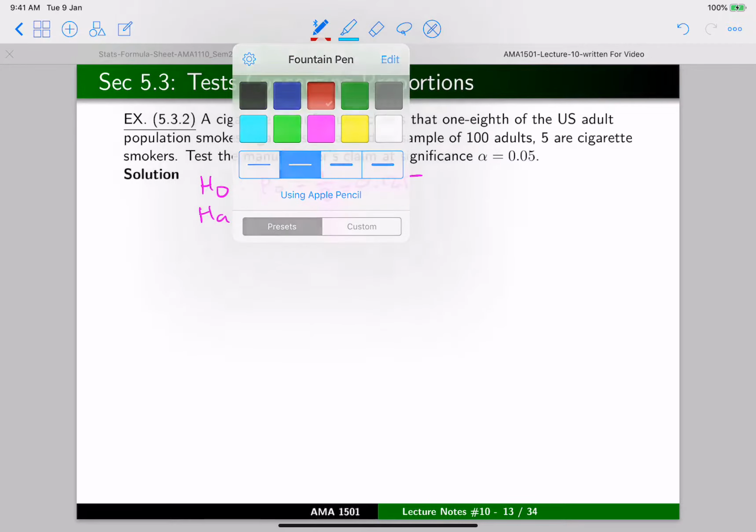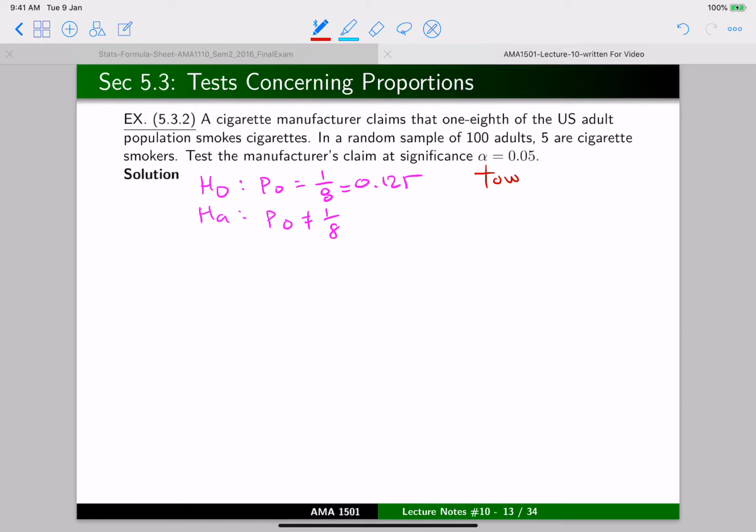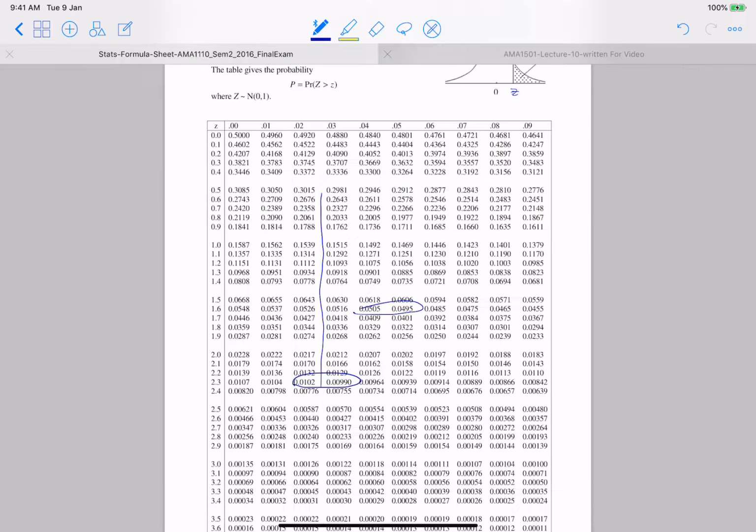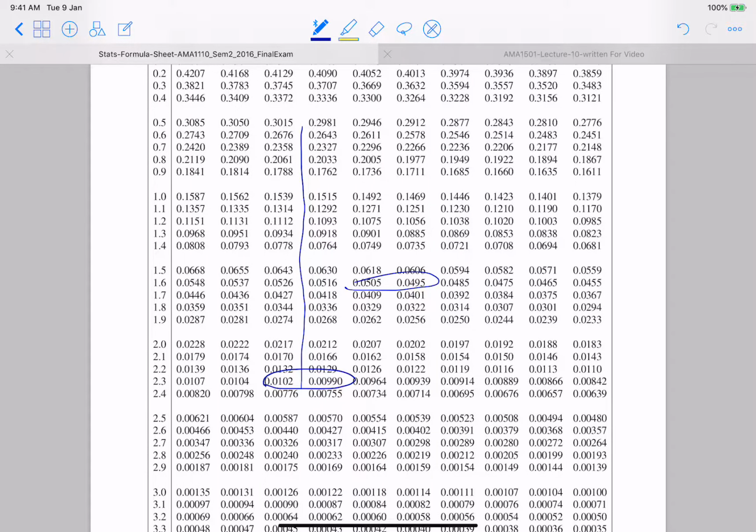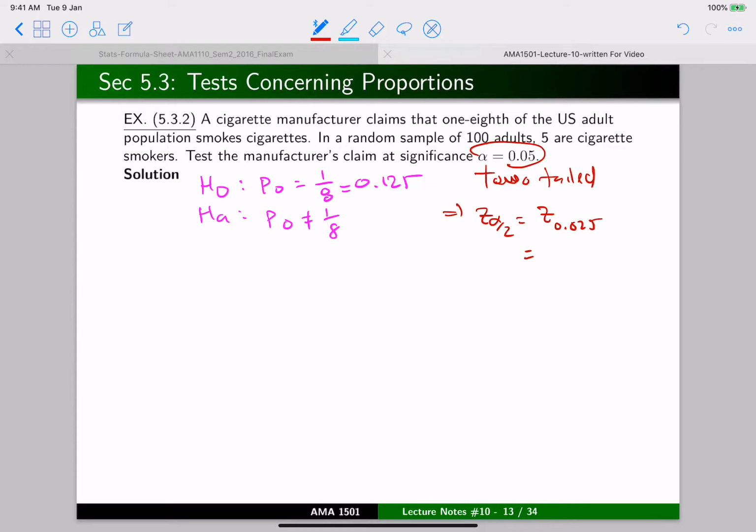So since it's a two-tailed test, we need to look at z alpha over 2. In this case, z alpha over 2 is 0.025, because alpha is 0.05. 0.025 is right here, 1.96. Okay, so let's calculate our z statistic again.